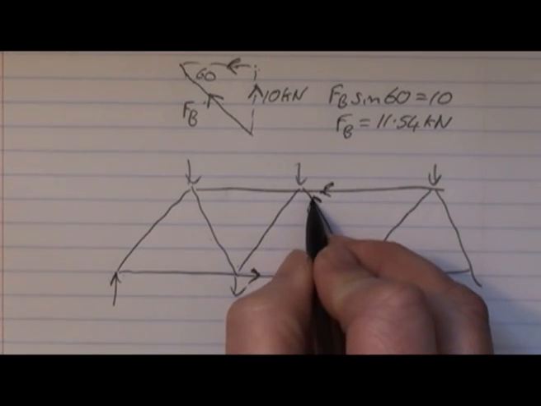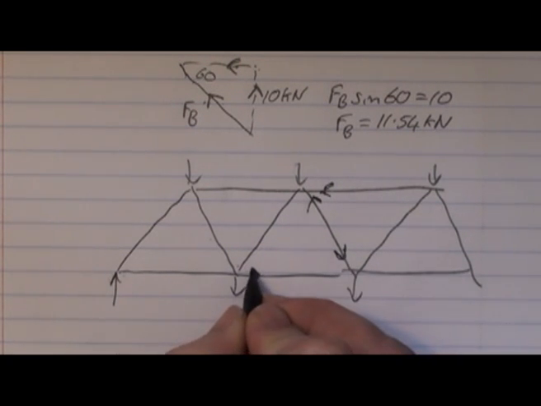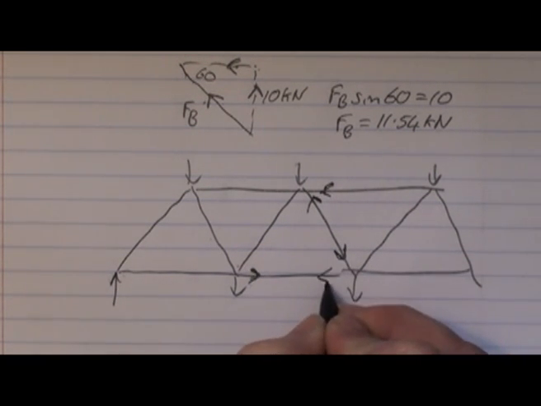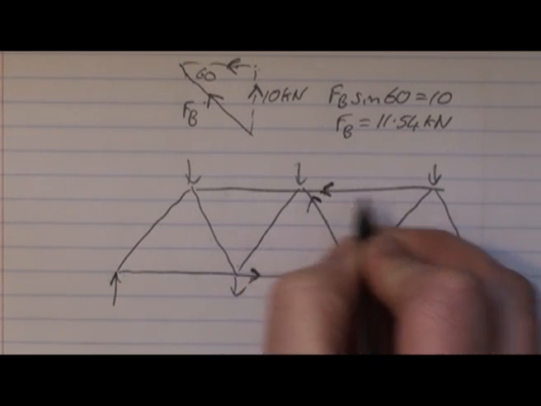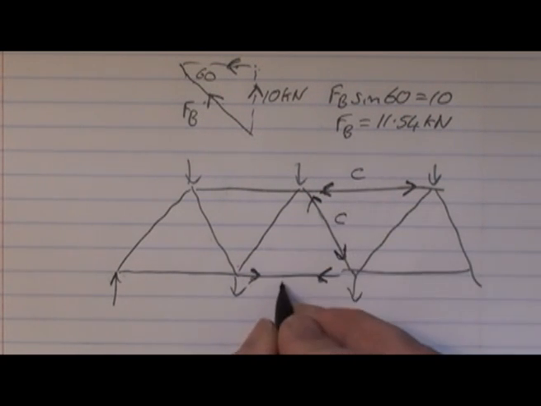So if this end of the member is going up, this one will be going down, that one's going right, this one will be going left, that's going left, that one will be going right. This one will be in compression, this one is compression, this one is tension.